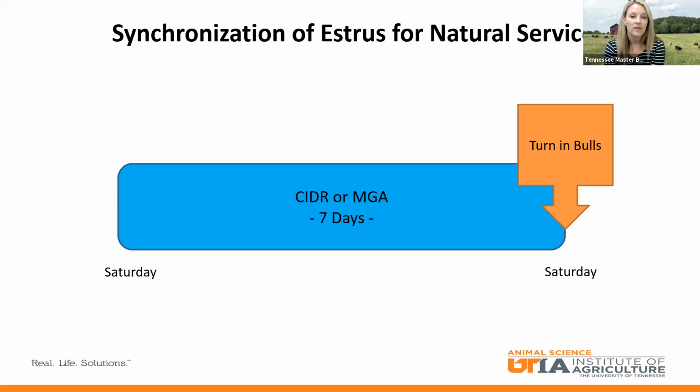But the important thing with this is making sure that your bull has a BSE and that you're just doing a CIDR or MGA, not trying to use any of the other hormones and then turn bulls out, because they just will never be able to cover all the cows in that short of a time span.